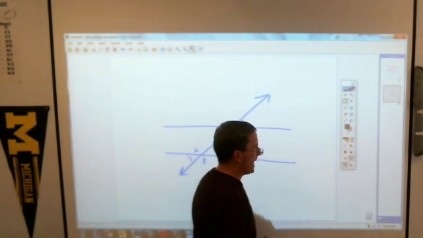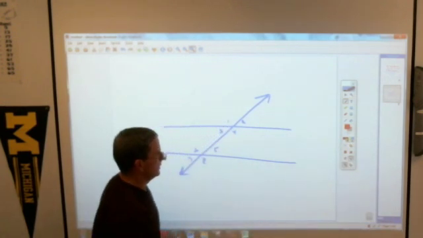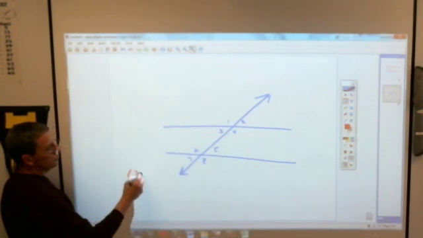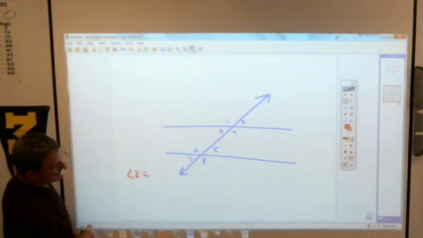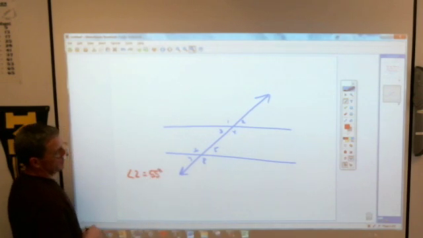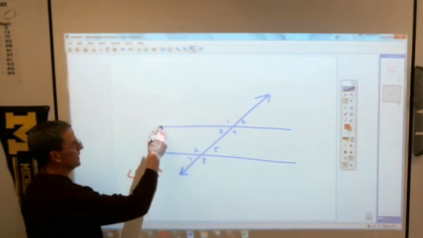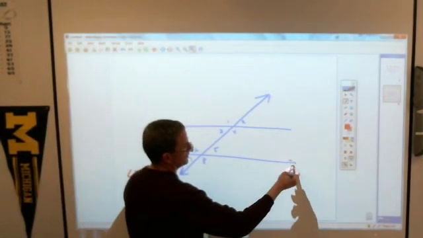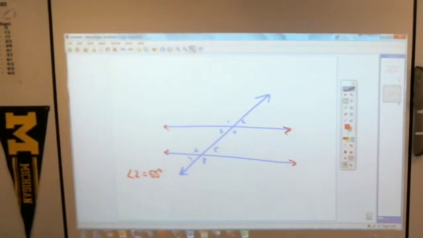If I say angle 2 equals 55 degrees, you can tell me what every other angle on my parallel lines and transversal is, correct? Yes, Mr. Hahn. But you can't just say it, you have to be able to prove it.